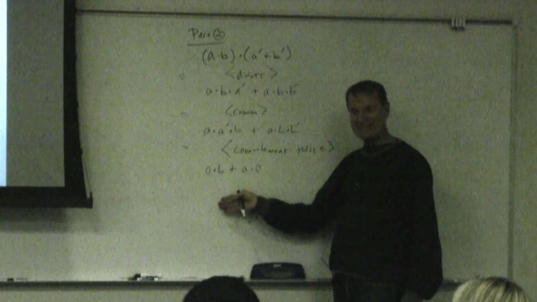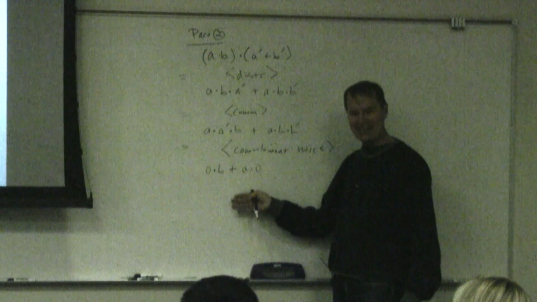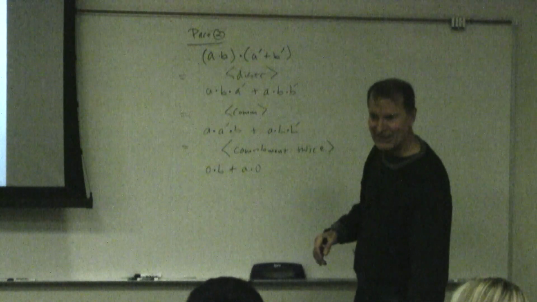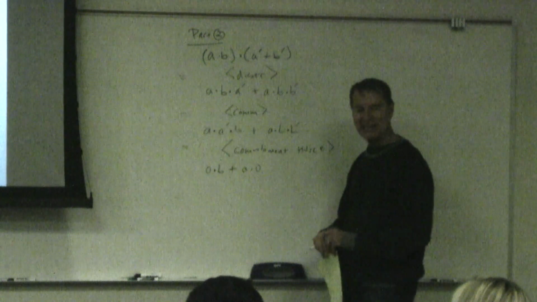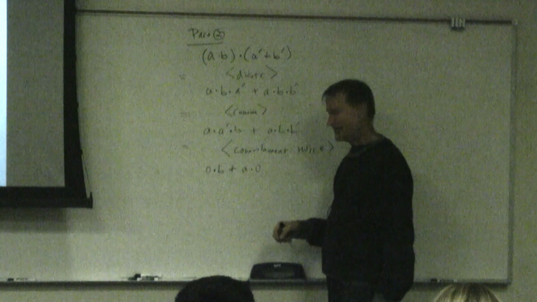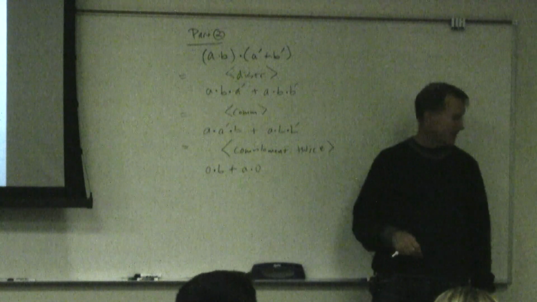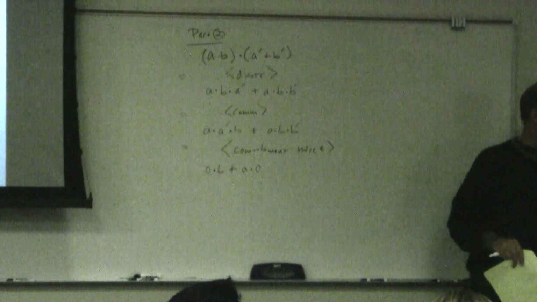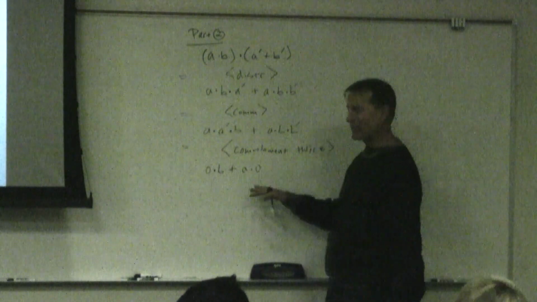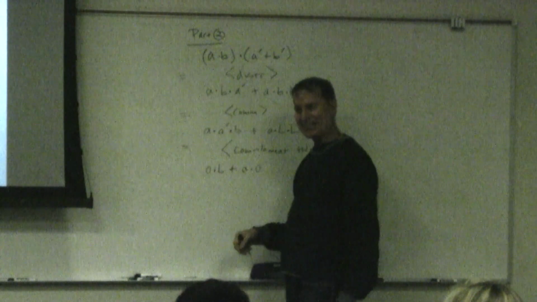Well, 0 and anything is 0. You see why they use this notation? It's just kind of cool. Does it work the same thing here? No, it doesn't work here because B or 1 is 1. But still, this part is kind of slick.